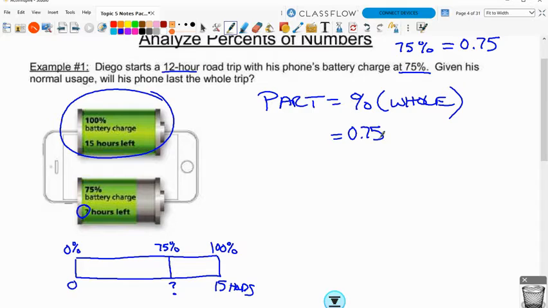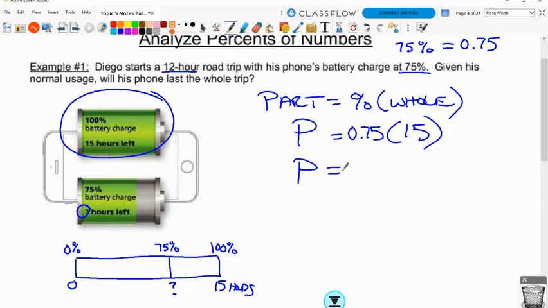And again, we don't know the part that that's going to represent, but we do know that the whole battery would be for 15 hours. So I'm going to put 15 in the whole spot, and P, the part, is what we're looking for. So P is already by itself on the left-hand side. To get its value, you're going to have to multiply on the right-hand side 75 hundredths times 15.